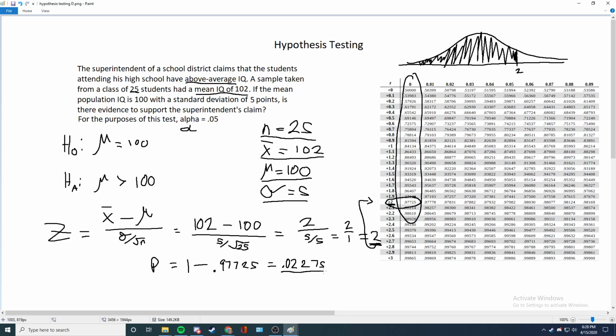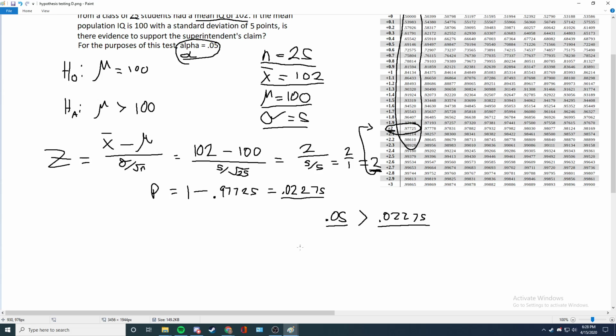Now we'll look at that p-value compared to the alpha value, 0.05, that it gave us up here. So we're comparing 0.05 to 0.02275, and we want our p-value to be less than the alpha value, which in this case it is. So we can reject the null hypothesis. And that's our final answer.